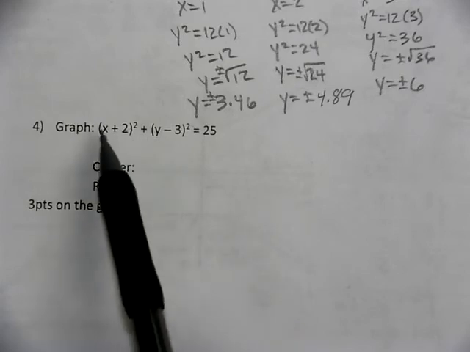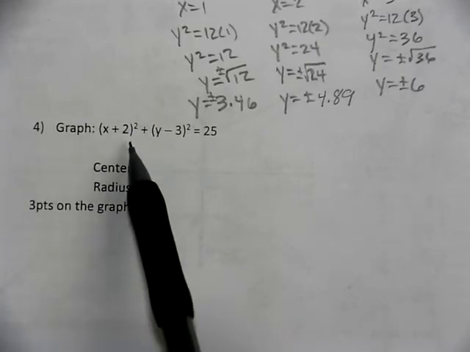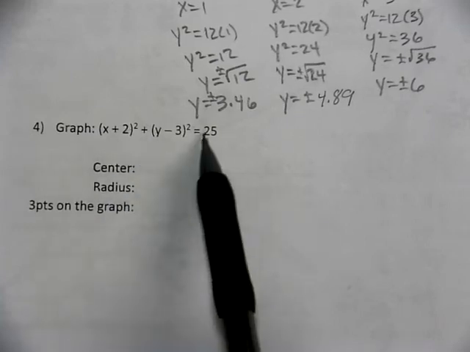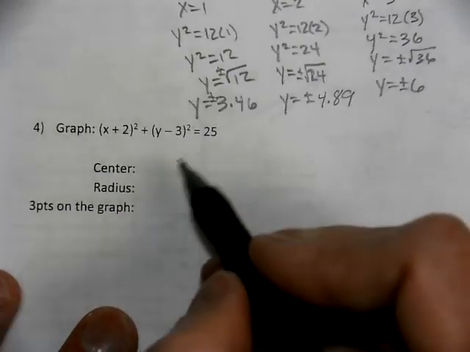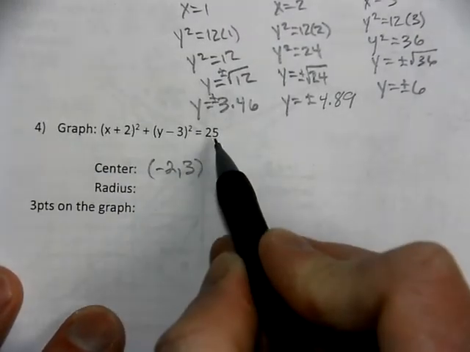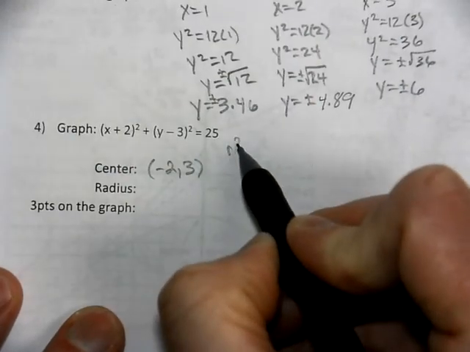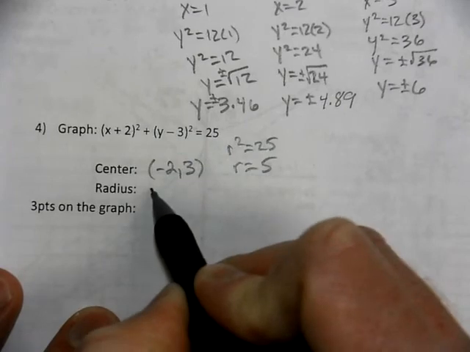Because the denominators are exactly the same, we know that this is a circle. We have a center at (-2, 3), and a radius, r squared equals 25, so r equals 5.